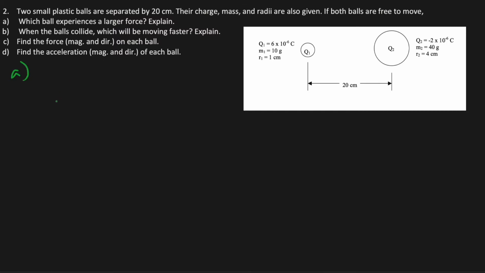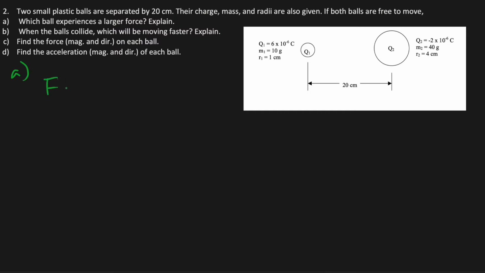So from Newton's third law, we know when objects are in contact with each other, they experience a force that is equal in magnitude but opposite in direction. So for those two charges, they also experience the same amount of force in magnitude, but their directions are opposite. You can also see this from Coulomb's law.